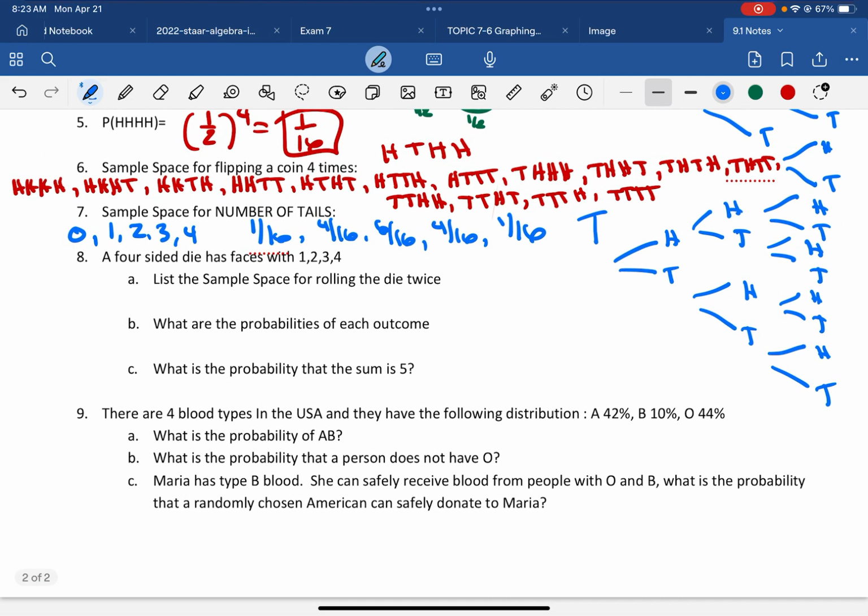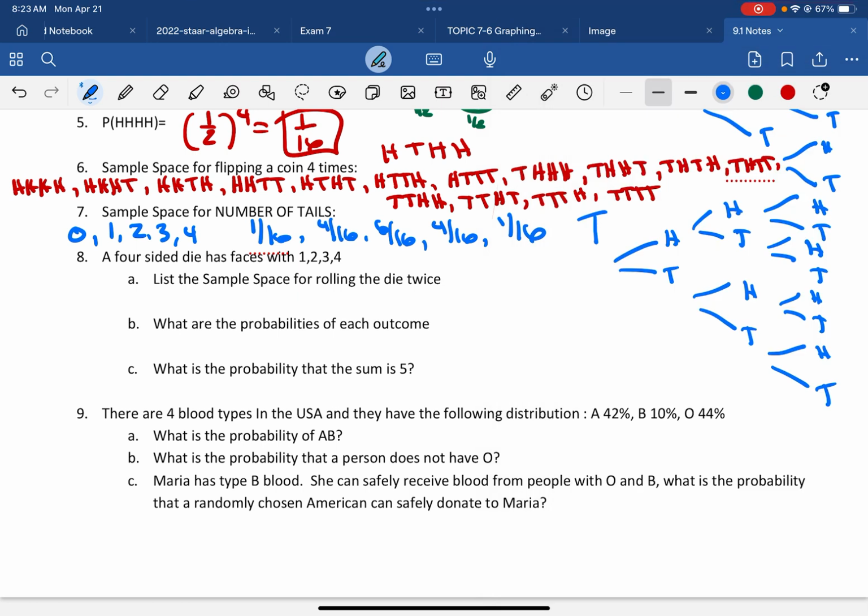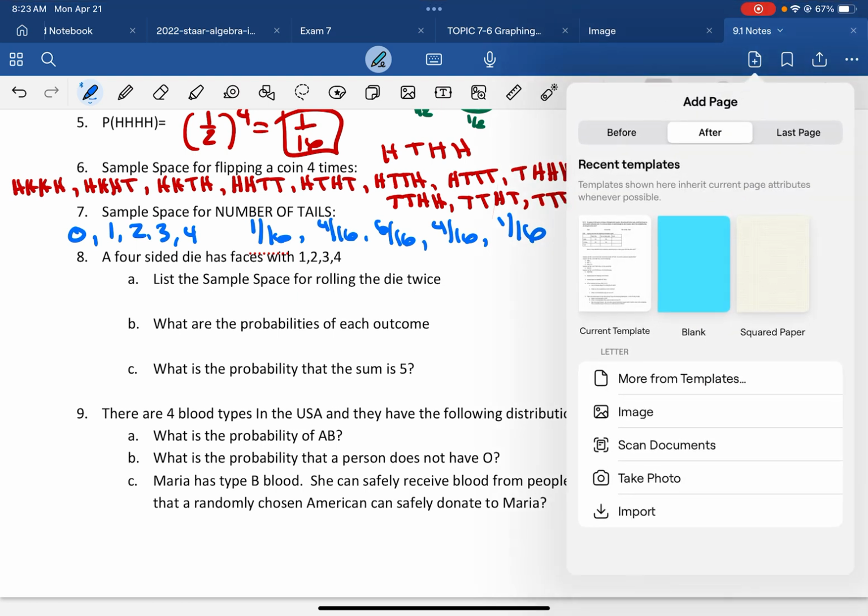The next one, we have what's called a 4-sided die, with the faces 1, 2, 3, 4. So only 4 sides. Let's talk about the sample space. An easy way to do the sample space would be to make a table here. So I'm going to add a page.